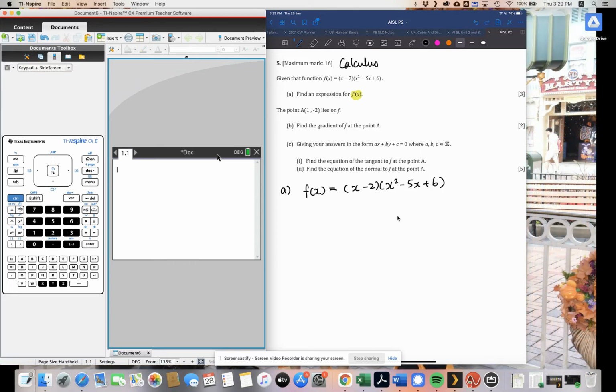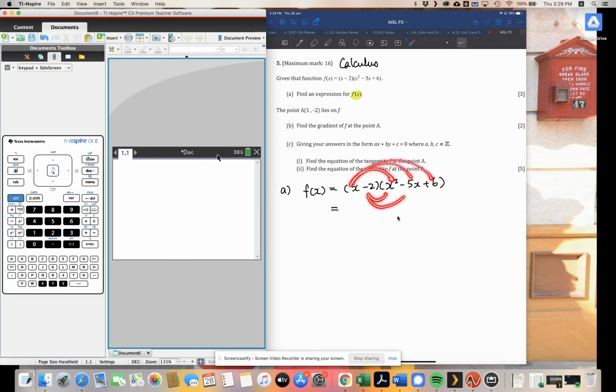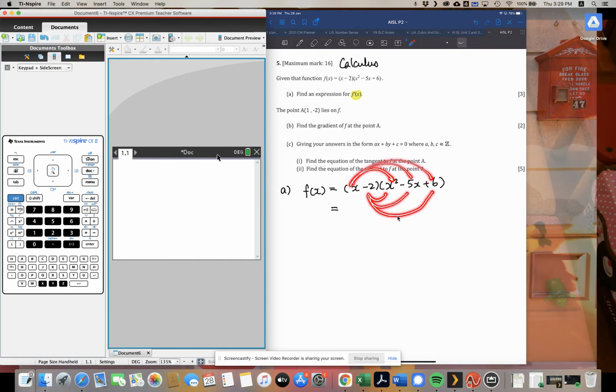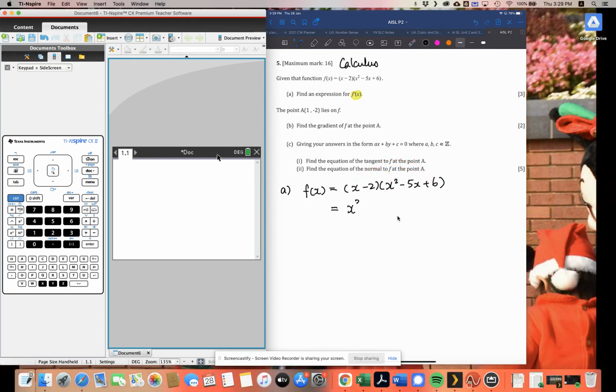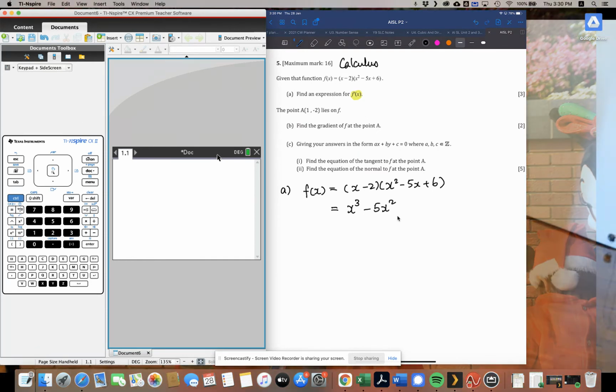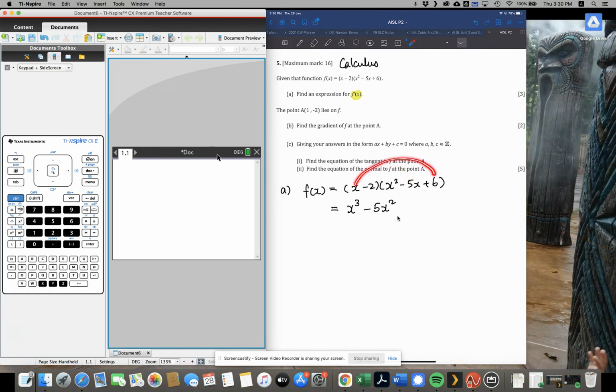Right. Here, what you can do is you times the x into all three of these terms and times the negative 2 into all three of these terms. So the first one, x times x squared would be x cubed, and then negative 5x squared, and then 6x.